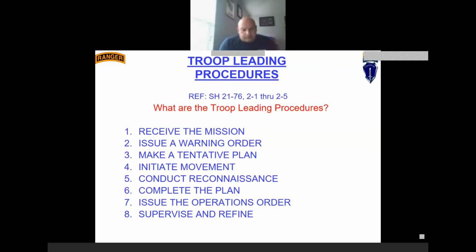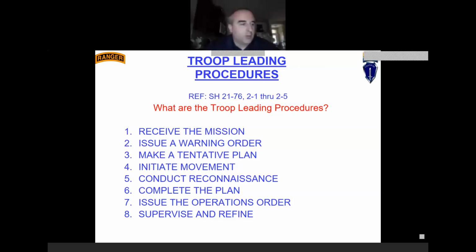Yeah, so an example would be like, hey, Alpha Platoon, we're gonna be a task org here with 4 squads. We're gonna be moving out at time X, whatever it is, and we're gonna conduct an ambush vicinity grid. Boom, go start your initial internal squad TLPs and then prepare to receive the full order at whatever time you're gonna designate.